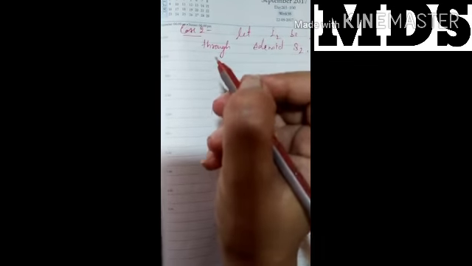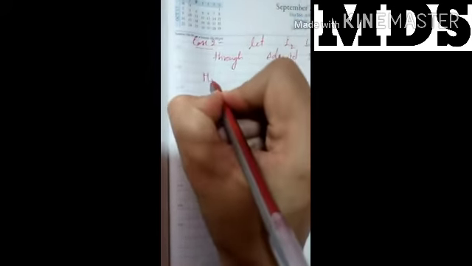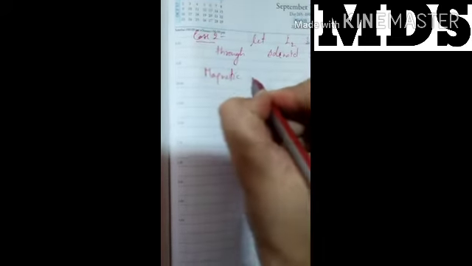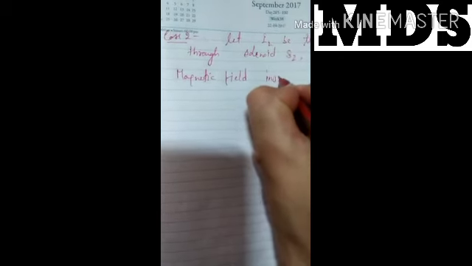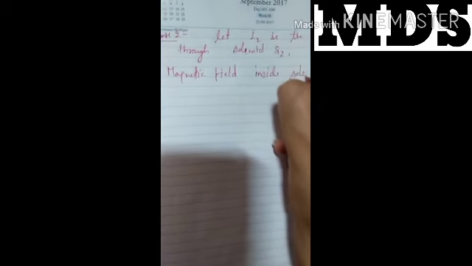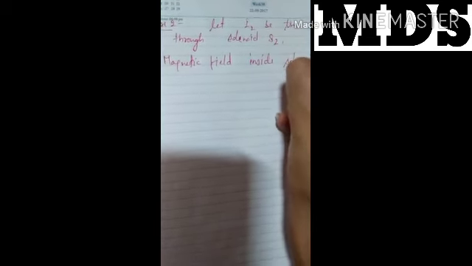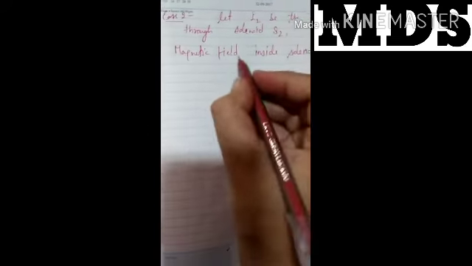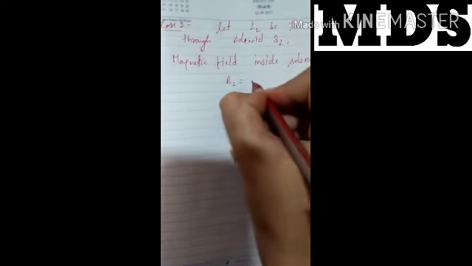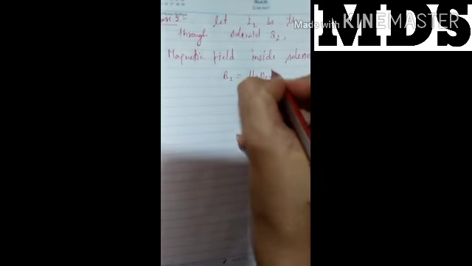Then the magnetic field inside solenoid S2 is B2 equals mu naught N2 I2, that is the fifth equation.